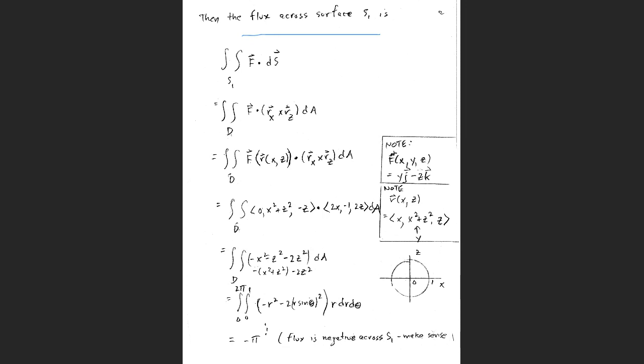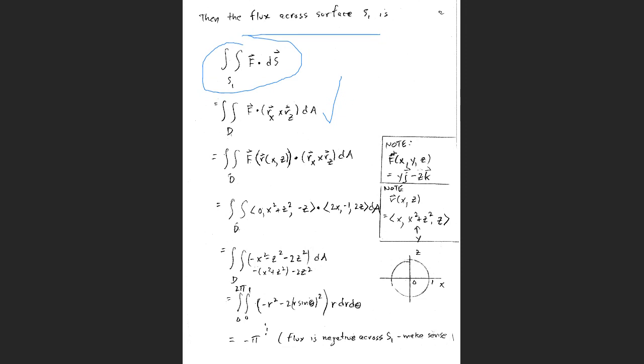Electric fields. So here is the flux across surface S1. That's this double integral of the dot product of the vector field with the cross product of the derivative vectors. That's formula 9 in section 13.6.